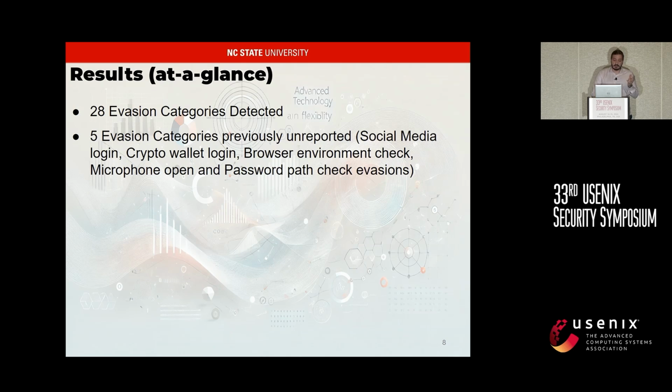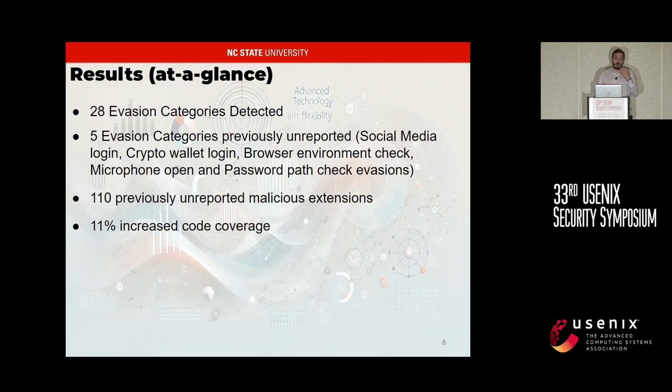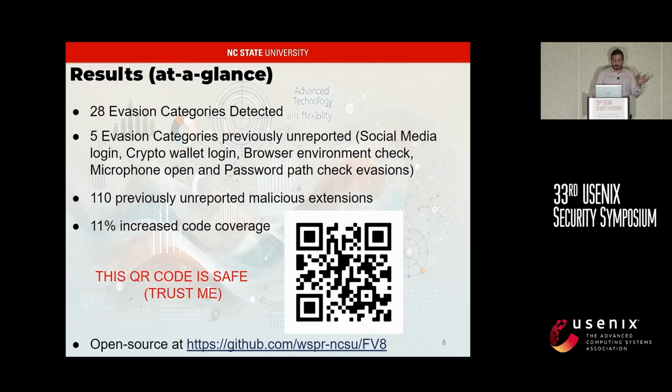We also detected 110 previously unreported malicious extensions, and on average, we observe 11% increased code coverage. We also open sourced our system on GitHub if you want to take a look. I will show the QR code later also.